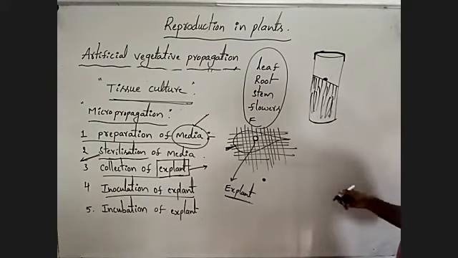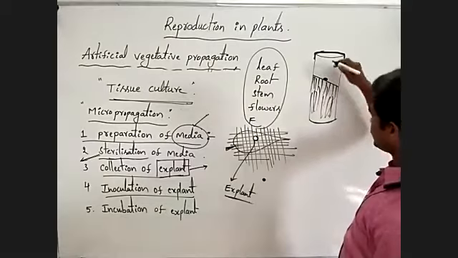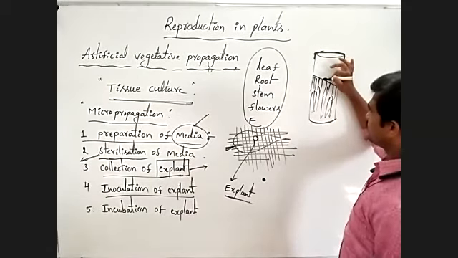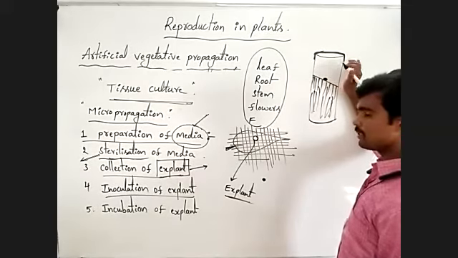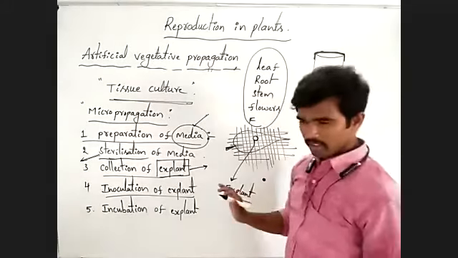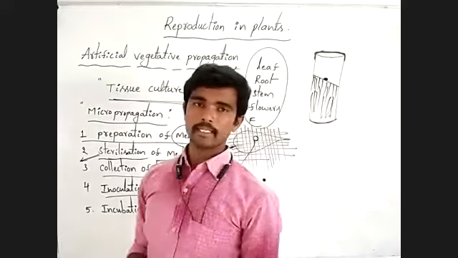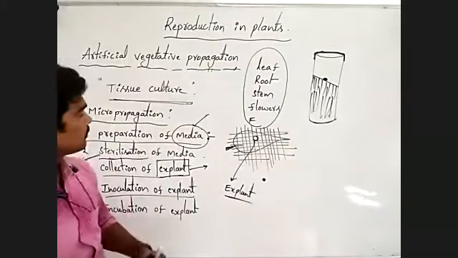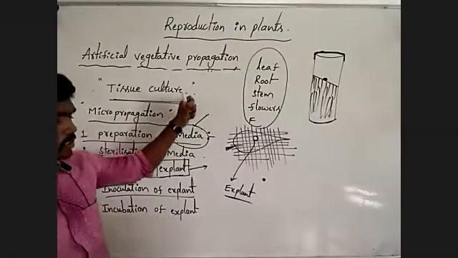Next, you have to place this type of test tube containing the explant and culture media in a controlled environment, in an in vitro culture room or in a tissue culture chamber.